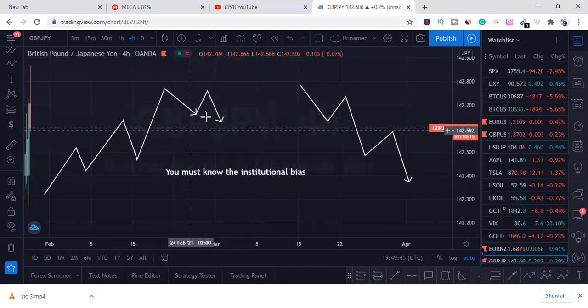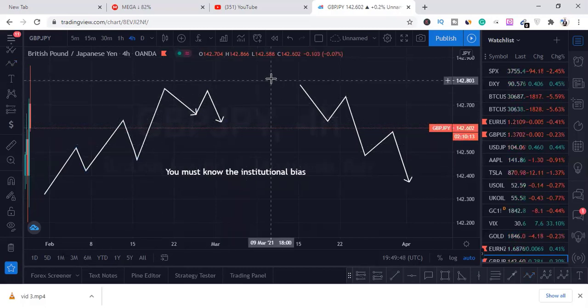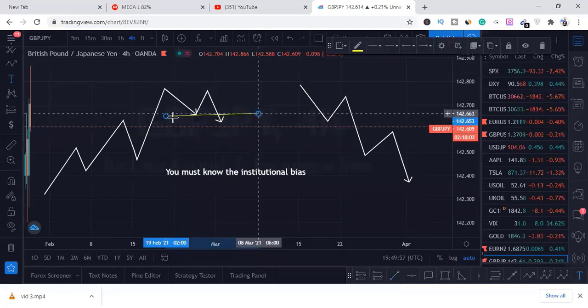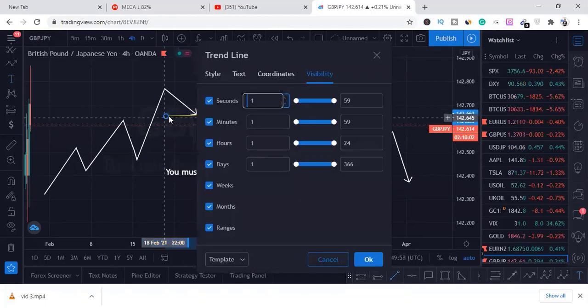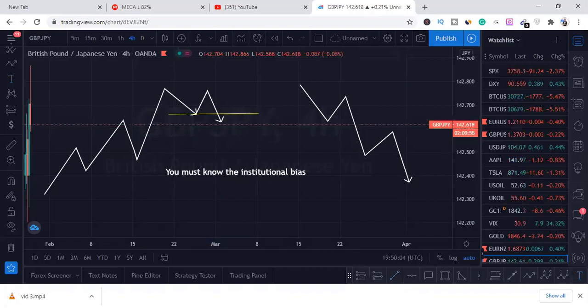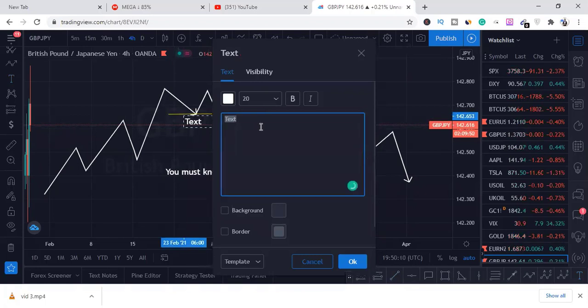Now, this simply means that the market has been broken. The market broke from this area here, even if it is 1 pip, especially if it has to do with the higher time frame. There's a break in market structure.